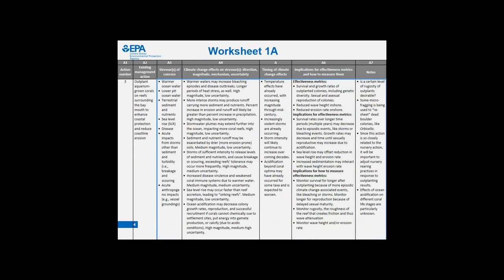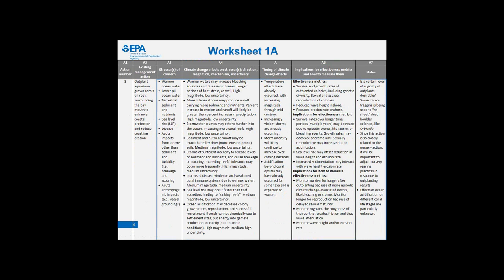So again, high magnitude of the change, the effect, and low uncertainty. When runoff occurs, those stormwater plumes may extend farther into the ocean, impacting larger areas of coral reef, or areas of coral reef farther away from the river mouths or the discharge points. Again, high magnitude and low uncertainty.